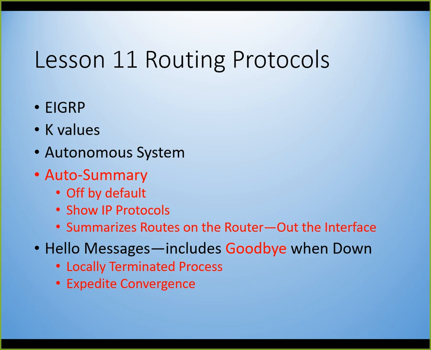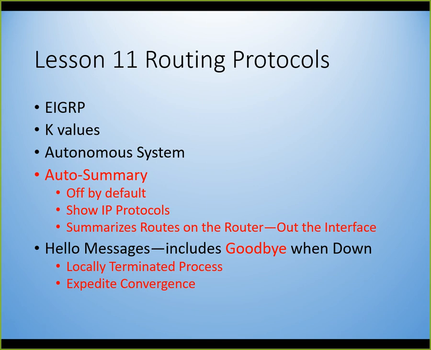One of the advantages was it could be used with multiple routable protocols: IP, IPX, and the other ones that might be available to it. We use an autonomous system number with EIGRP, and much like the areas with OSPF, the routers only share information with other routers in the same autonomous system.